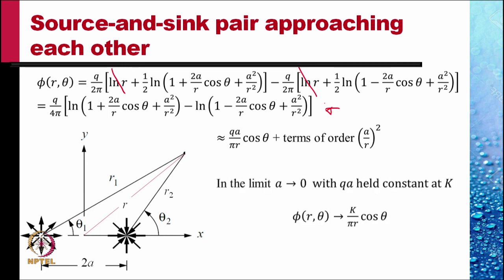In the limit, as a tends to 0, with QA held constant at a value k, the potential function phi at r and theta becomes k divided by pi r cosine theta.